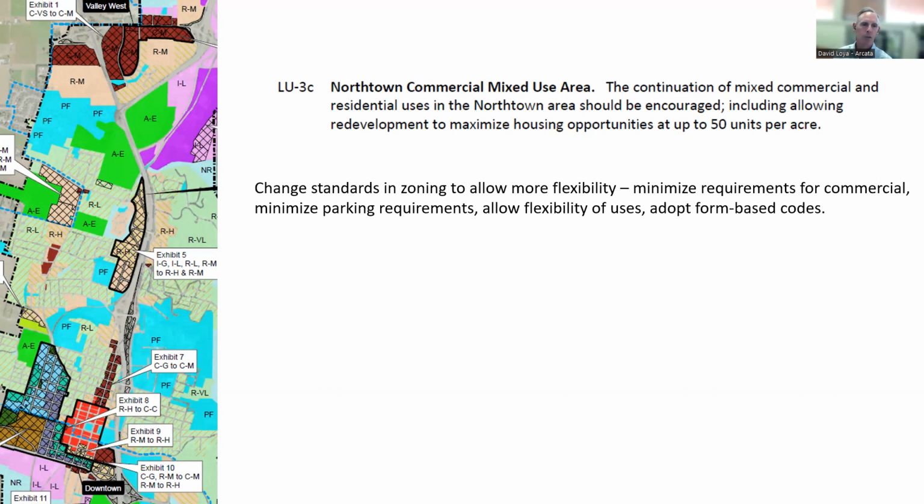Some examples of the conversation to date is to minimize the requirements for commercial or potentially even eliminate the requirements for commercial in these commercial mixed use zones, recognizing that if you require a component of commercial and there's not a market for it, then you're not going to get the housing that would be allowable otherwise. Minimize parking requirements and allow flexibility of uses. Now, these are concepts that we've been talking about for a couple of years now with the Gateway area as a way to incentivize development of these properties.